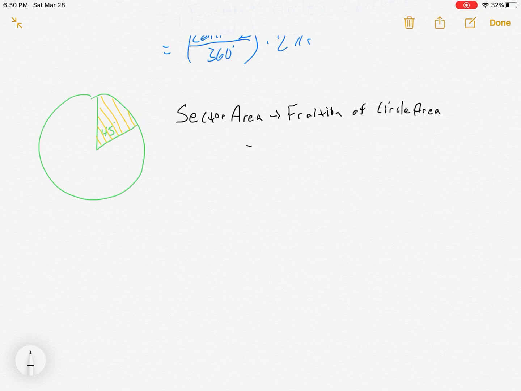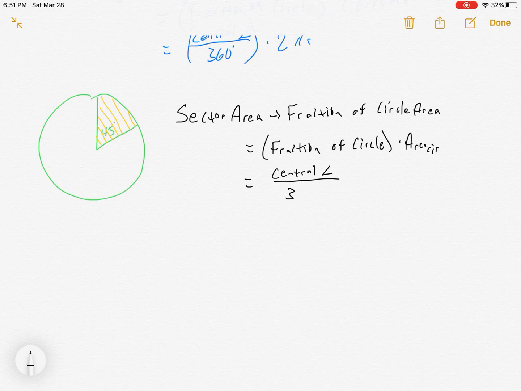Okay, so the formula is almost the same as the one we just did. Fraction of the circle times the area of the circle. In other words, central angle over, remember what it was? 360 times pi r squared. Some of you are thinking probably, why is this formula so complicated?